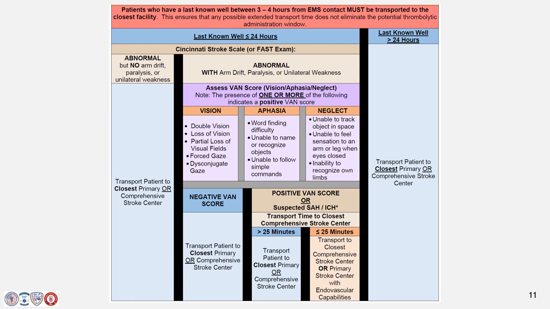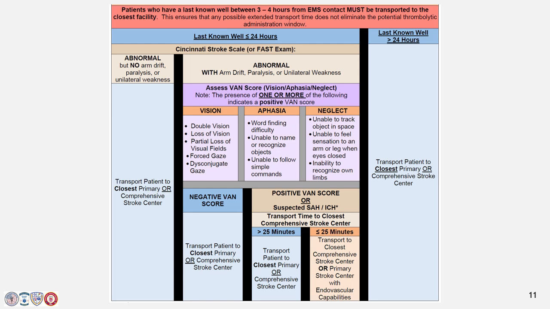The note in the less than or equal to 25 minutes about a primary stroke center with endovascular capabilities: there aren't any of those at this time. That might change. We're considering putting a page in the SMO app that gets updated every time that changes and making you aware of that. So for instance, Resurrection was a comprehensive stroke center.